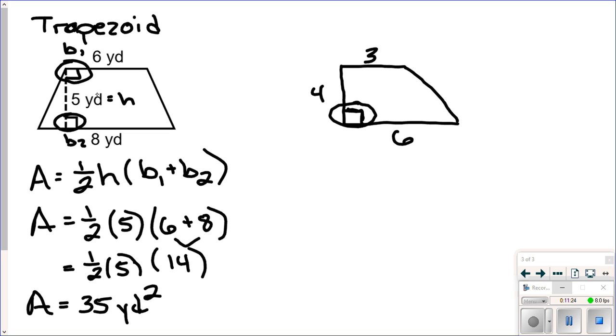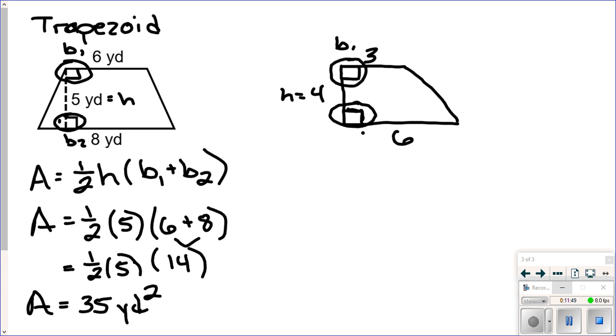So they didn't have to add it in with a dashed line like they did here. Now, since these two sides are parallel and this line's perpendicular, there's also a right angle up here. So again, you can see where the two bases are. The two bases are the two sides that are parallel, so that's 3 and 6. And this is the height, the distance between the two bases.